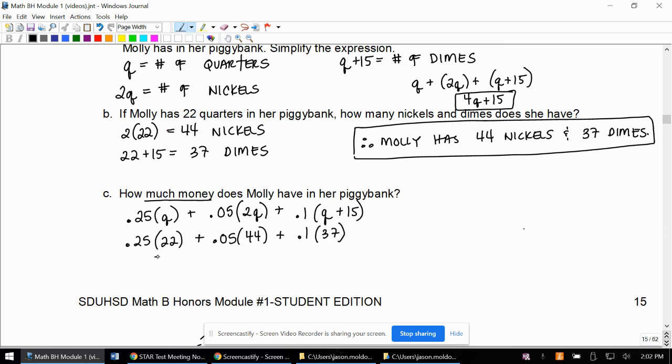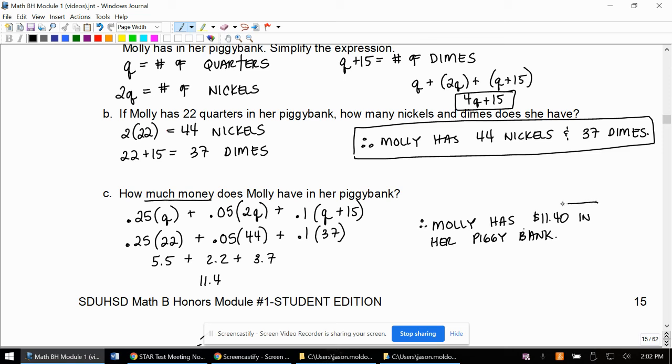That gets me 5.5 plus 2.2 plus 3.7 for a grand total of 11.4. So Molly has $11.40 in her piggy bank. And I'm going to do a therefore dot there. You don't have to box your answer here.